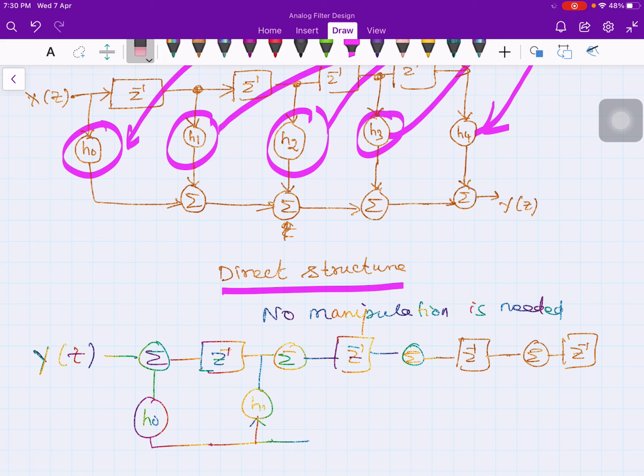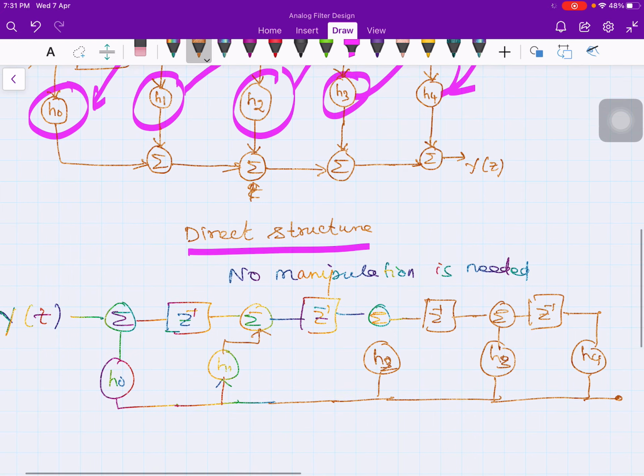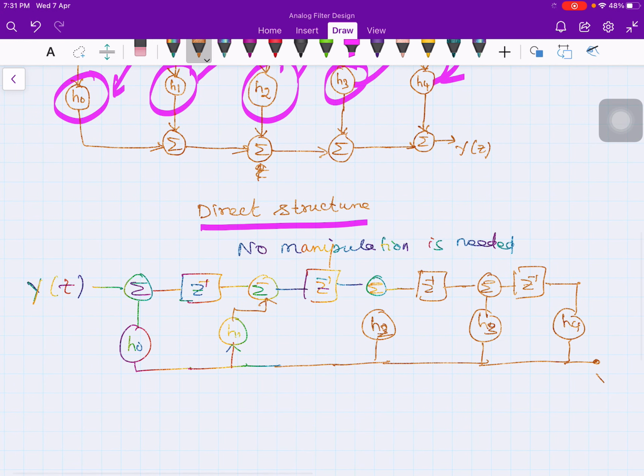I'm sorry, this goes like this, and then H3, pickup node, H0, H1, this is H2, H3, and then H4, like this, and this point is X(z).